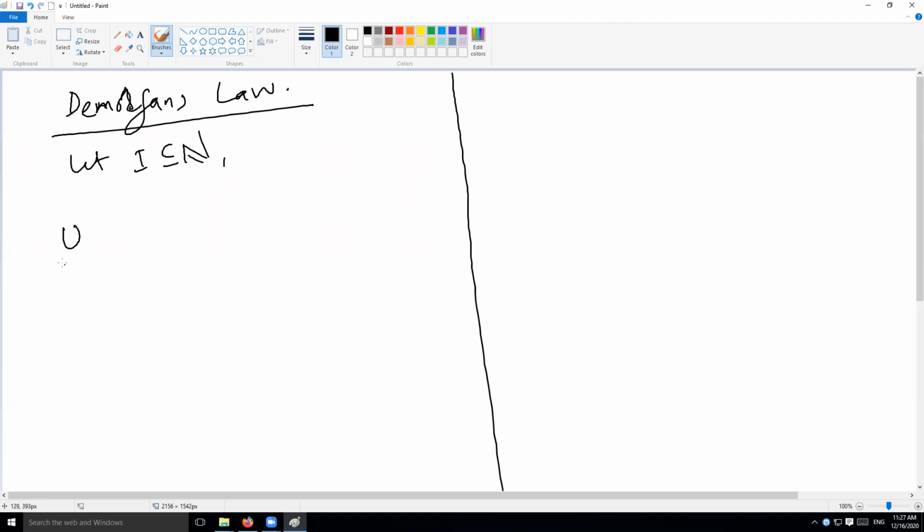Then the complement of the union over i in I of A_i is equal to the intersection over i in I of A_i complement. You agree with me that this is a reasonable statement for De Morgan's law? Yes, sir.